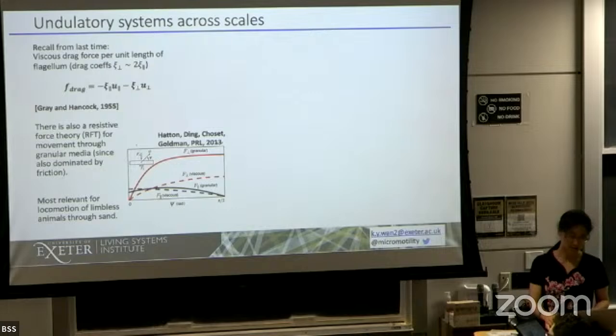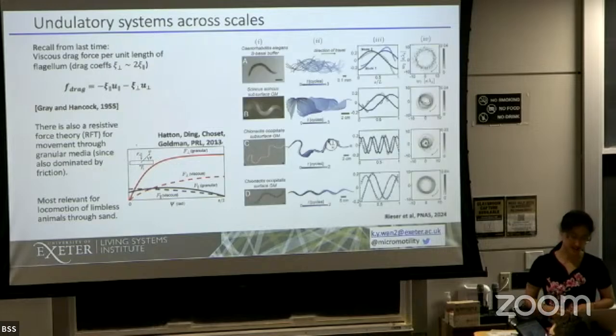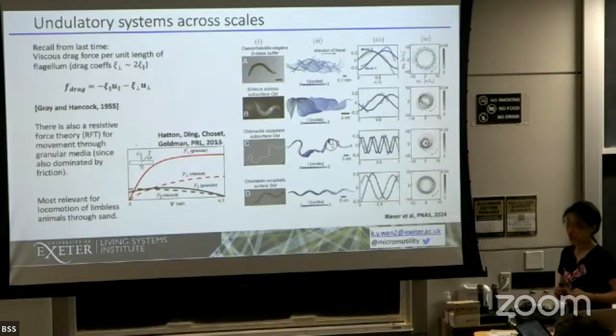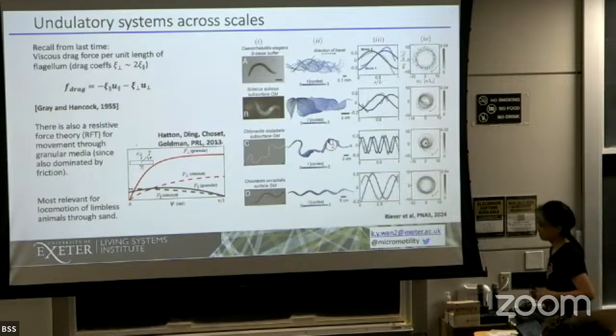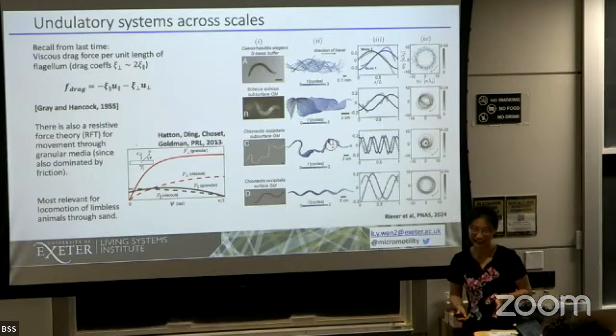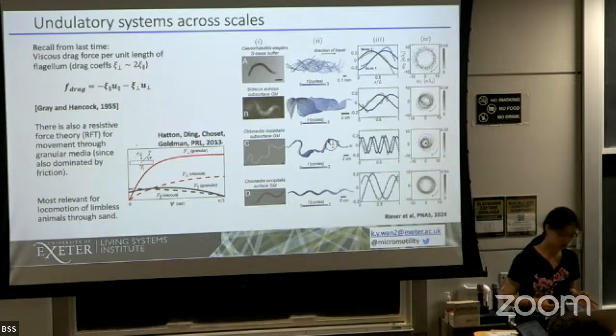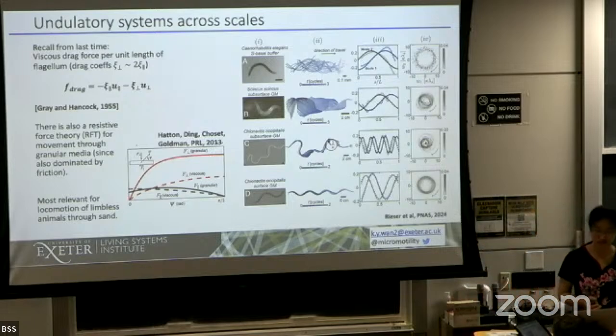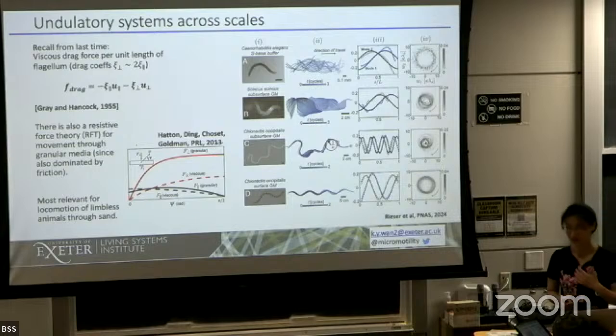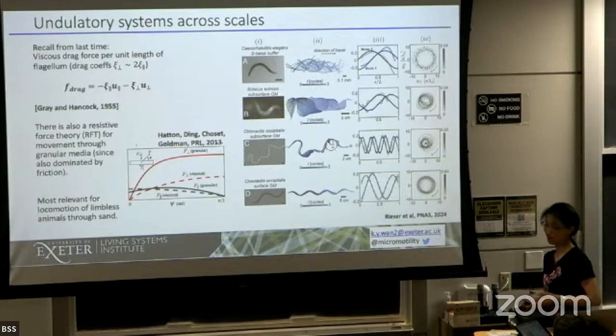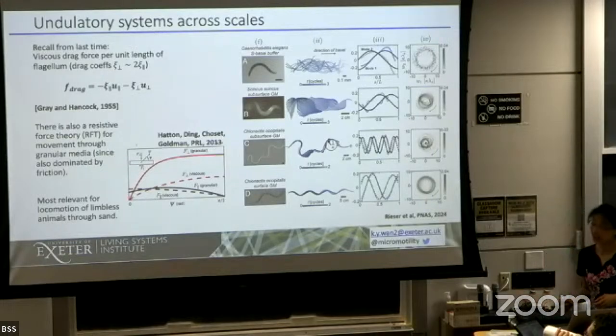Using this knowledge, these authors over a period of many years have applied this thinking that we think is analogous to swimming through viscous fluids to the idea of locomotion through granular material or sand. In this case, this is a really fascinating array of macroscopic animals.